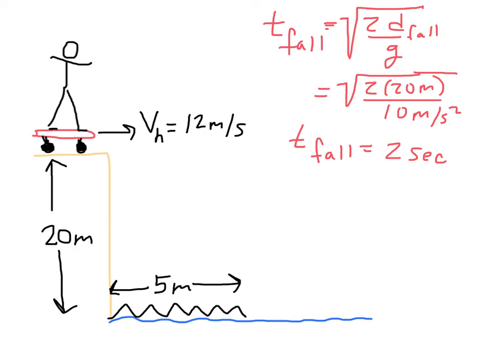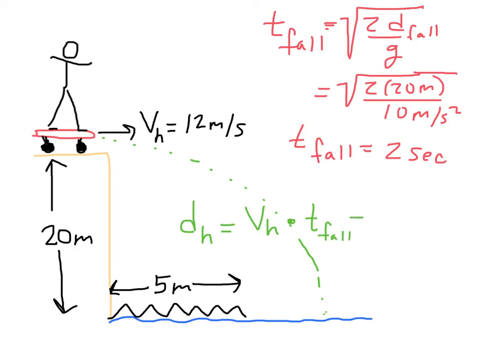And so they're going to be going on this path. We need to know, will they make it? So we know our time to fall is 2 seconds. In order to find out if their range is greater than or less than 5 meters, we can use our horizontal range equation. So the horizontal distance is equal to our horizontal velocity times the time to fall.